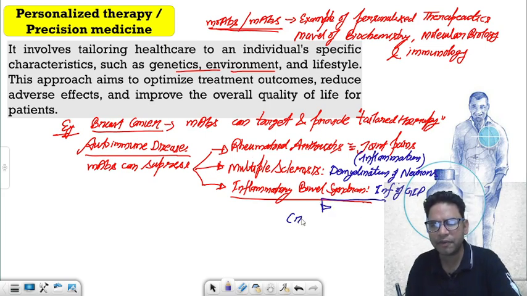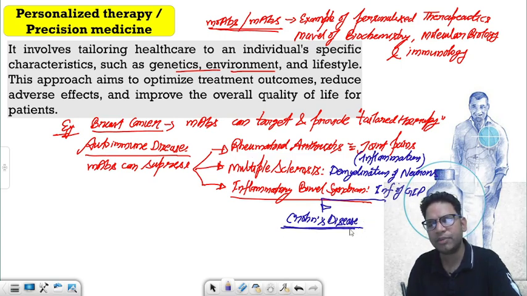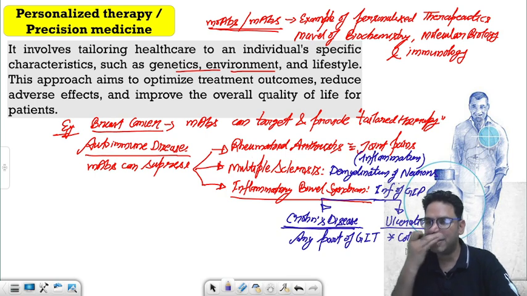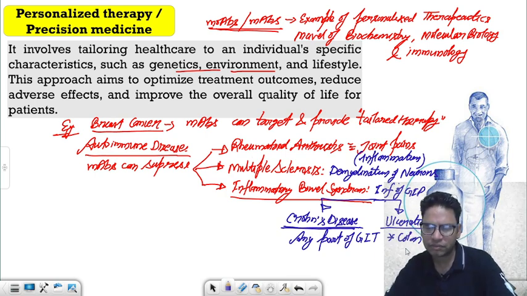One is called Crohn's disease, which can affect any part of the gastrointestinal tract. The other is called ulcerative colitis. It has to do with the colon, so there is inflammation of the colon, right?